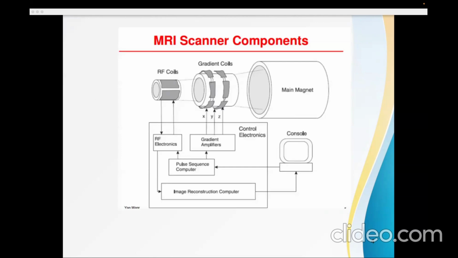If you put these into perspective, the main magnetic field is usually a cylindrical system. Some are open systems, but the cylindrical ones are pretty common.